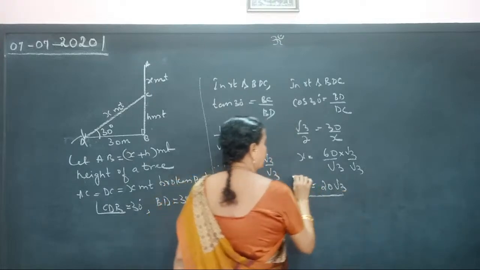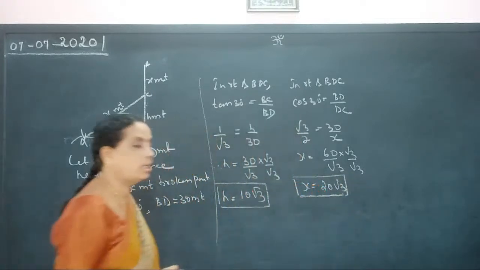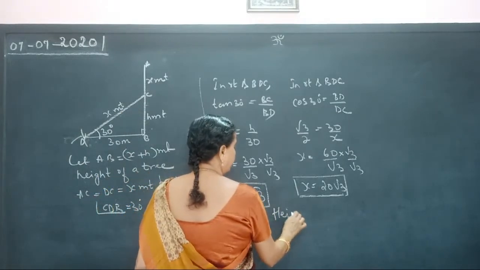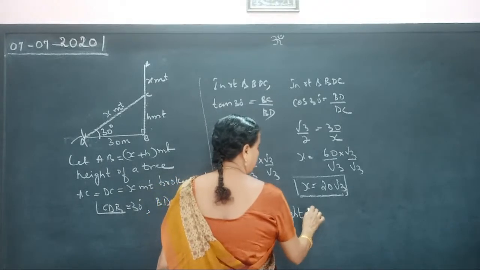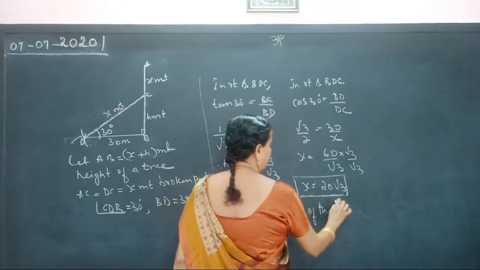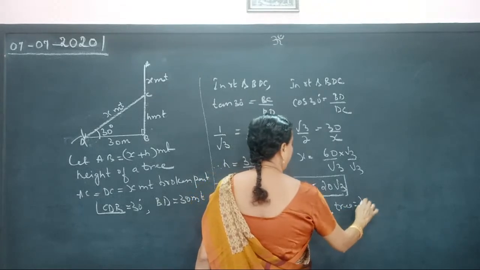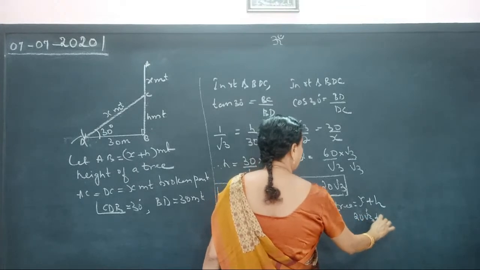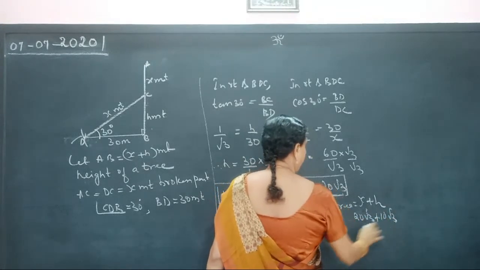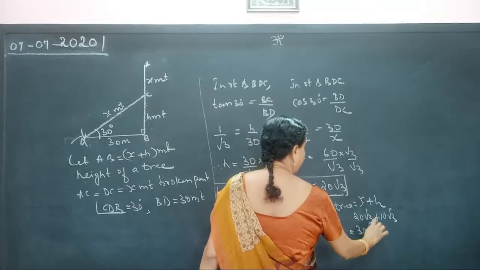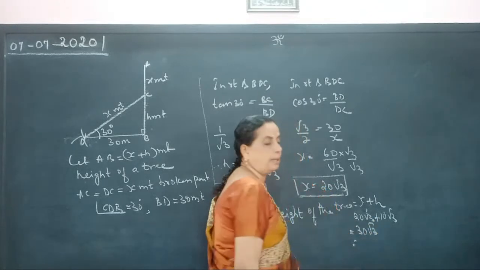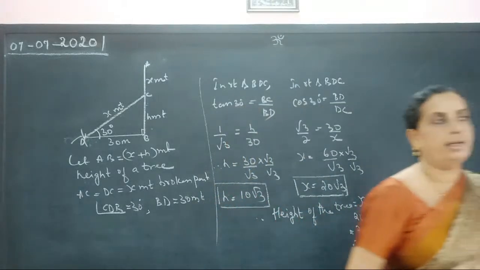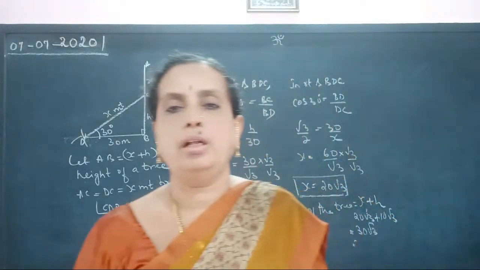So, x is 20 root 3, h is 10 root 3. Therefore, the height of the tree equals x plus h, 20 root 3 plus 10 root 3. So we can add it, you will get 30 root 3. Later, multiplying 30 into 1.73, you will get the total height of the tree.